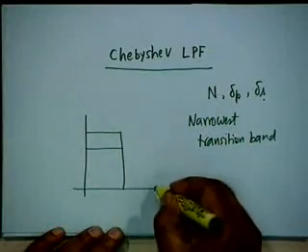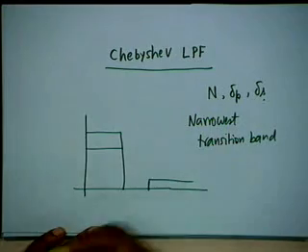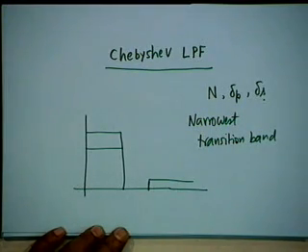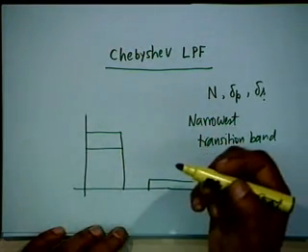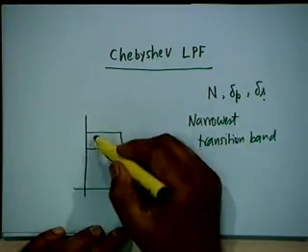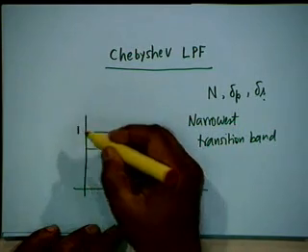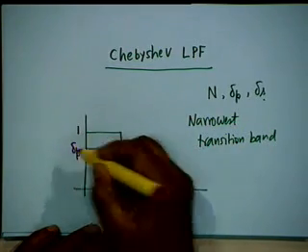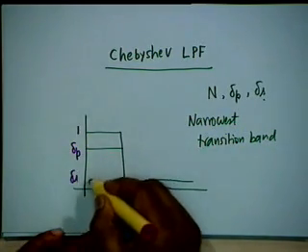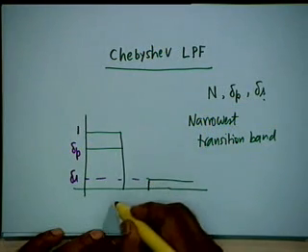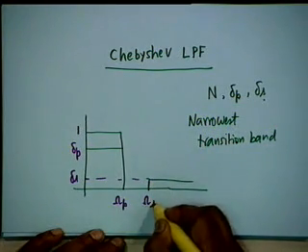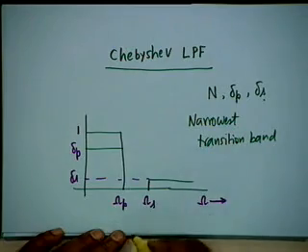And the characteristic is that instead of monotonicity as in Butterworth filter, it ripples in the pass band. That is, the characteristic is something like this. This is 1, delta p, delta s, omega p, omega s, omega.